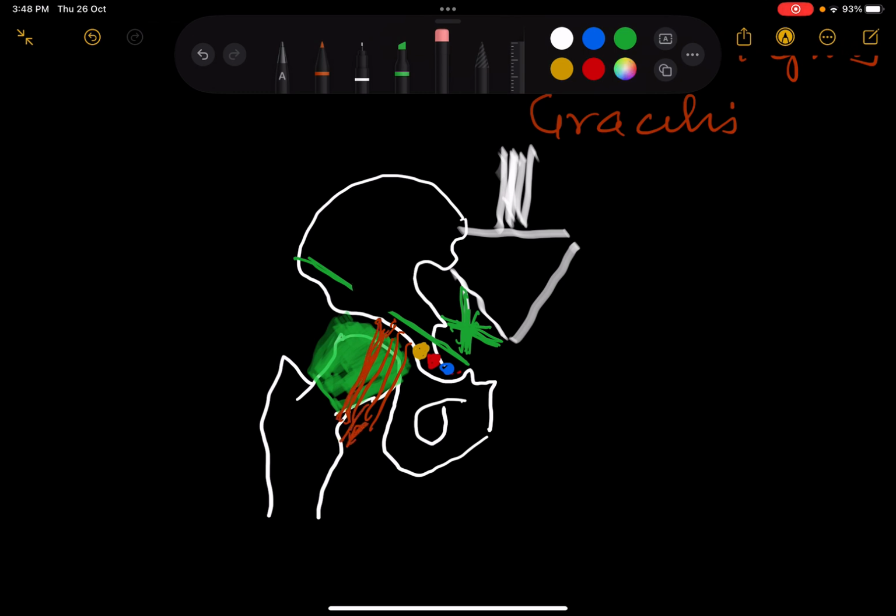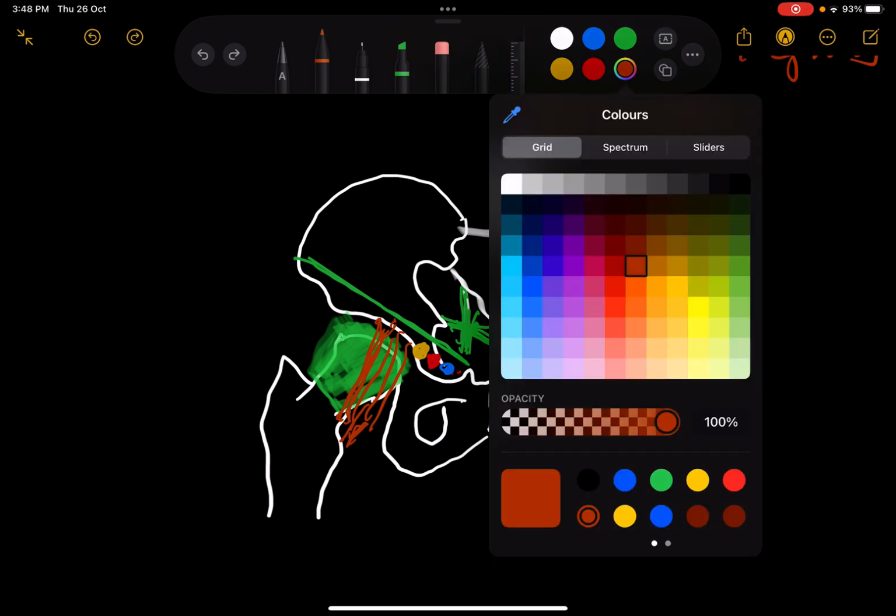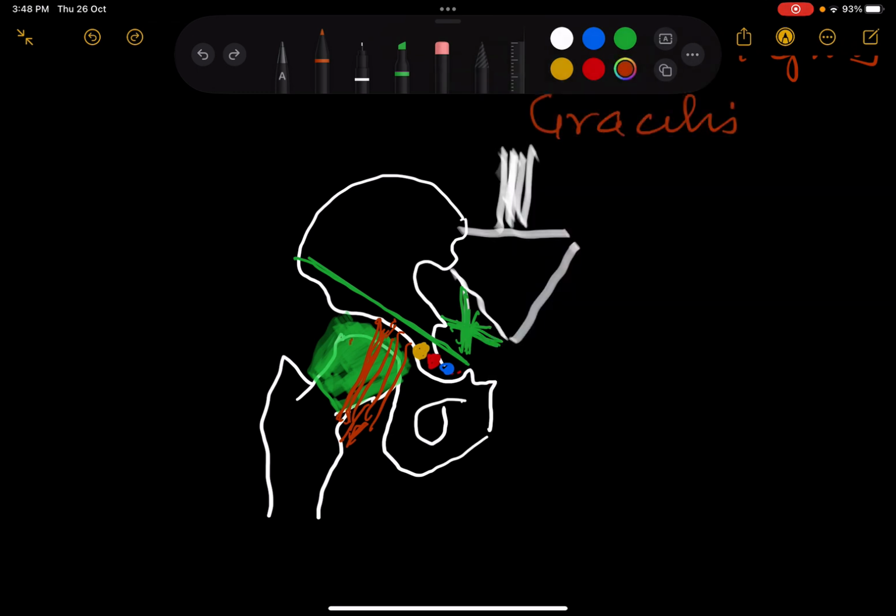Then you have the psoas, which arises from the spine, comes under the inguinal ligament, and is attached to the lesser trochanter. So here is the psoas major.